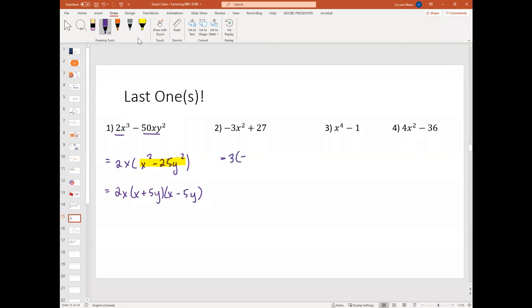So you've taken out 3 and you're left with negative x squared plus 9. Or maybe you decided to remove negative 3 because the first term is negative and we just don't like the look of that. It's awkward. So maybe you took out negative 3, in which case you have positive x squared minus 9. Both are factored. Both have the greatest common factor removed.